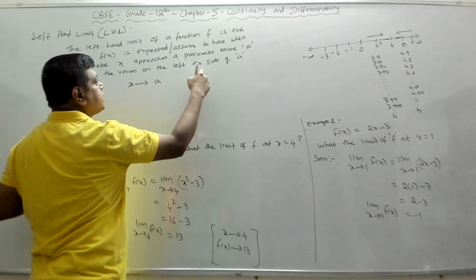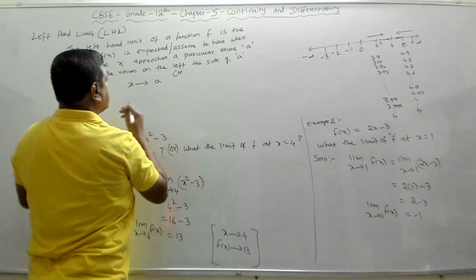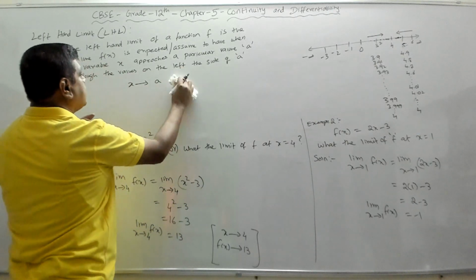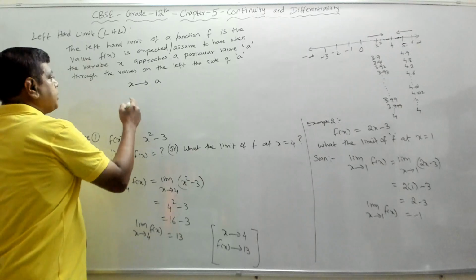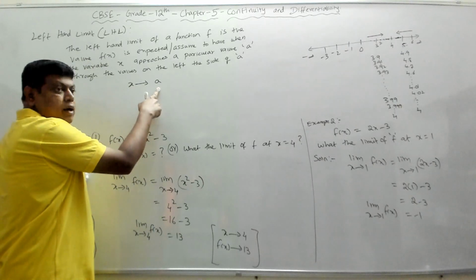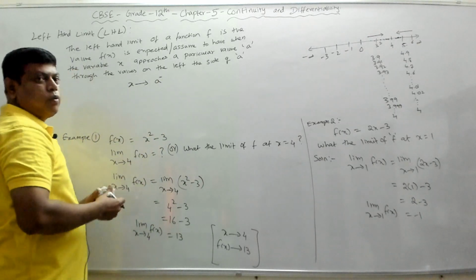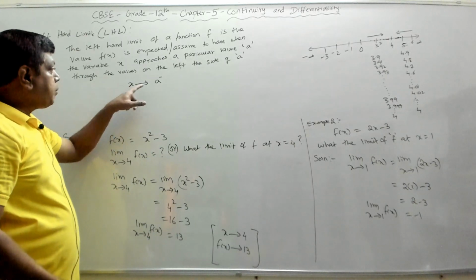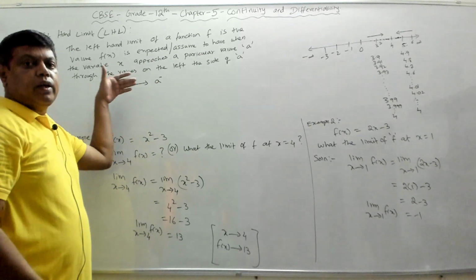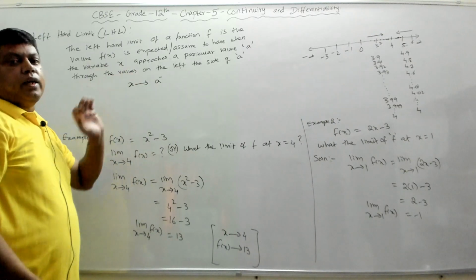Left side of a means less than a. So x approaches a, and we put a minus sign here. What is the meaning of minus? It means x is approaching a through the values on the left side of a, which means through the values less than a.